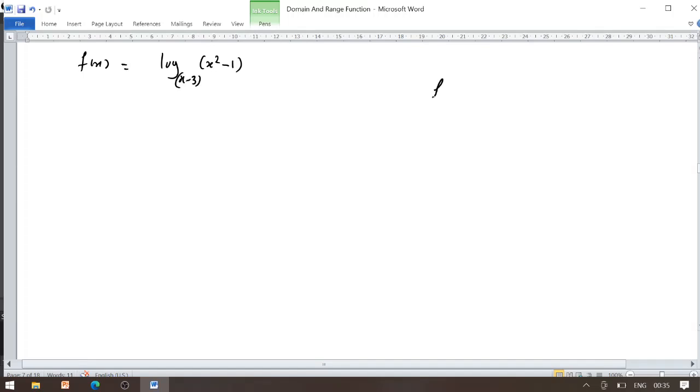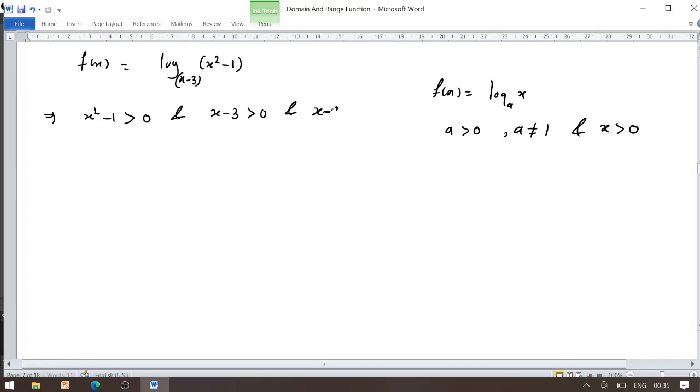Again the same case: for f of x equals log of x to the base a, the base is always greater than 0 and never equal to 1, and the function under the logarithm is always greater than 0. That implies x square minus 1 is strictly greater than 0, and x minus 3 is also strictly greater than 0, and x minus 3 is never equal to 1.